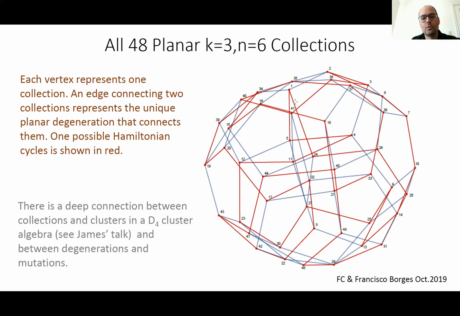And it turns out that we exhaust the whole space after we produce 48 configurations, after we produce 48 planar collections. In fact, in red, I have shown a Hamiltonian cycle that allows you to construct everything from this, okay? And there is, of course, a deep connection between these collections and clusters of a D4 cluster algebra from James Stock, and between the degenerations and mutations.